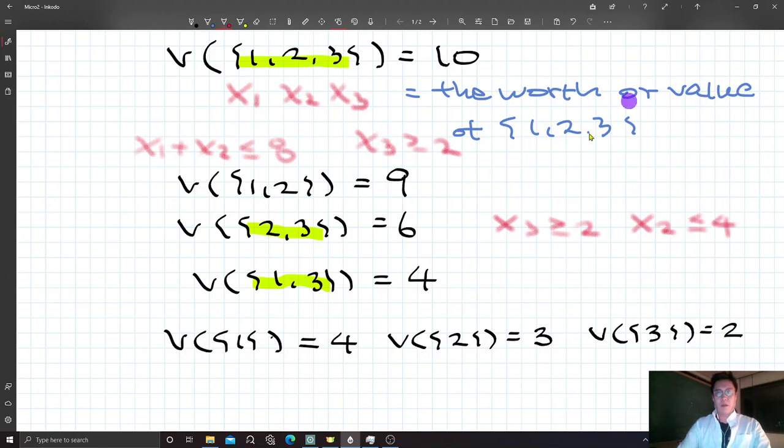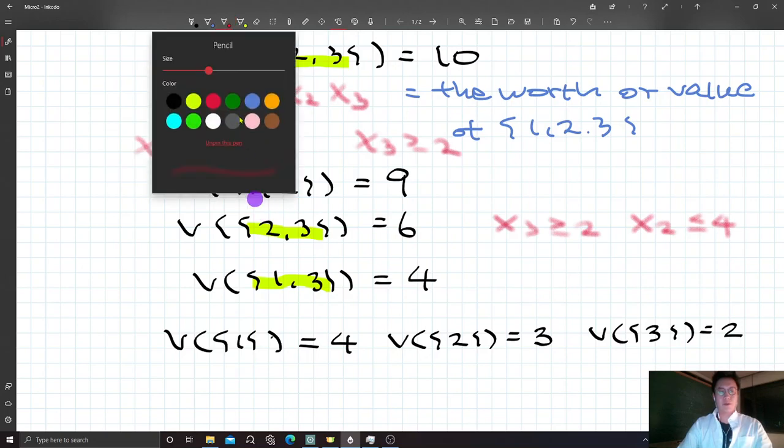But for player 2, if he makes a team with player 1, player 1 may yield, say, half of 9, 4.5 to player 2. And player 2 will be more interested in making a coalition with player 1. So for this reason, this is not sustainable either. So the only sustainable coalition is this one.